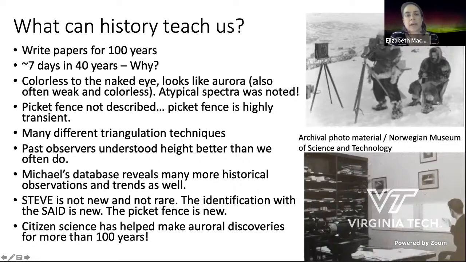It's also good to point out that now with our modern cameras, and some of the extremely beautiful photos that people have taken of the picket fence, you might think that that's always there, whereas it's actually quite transient.